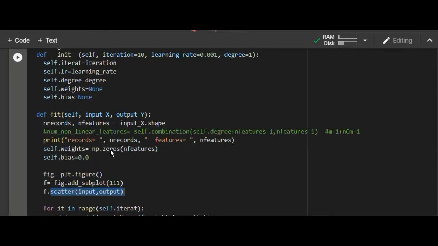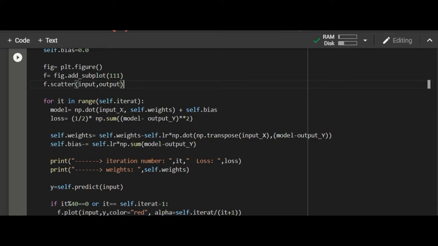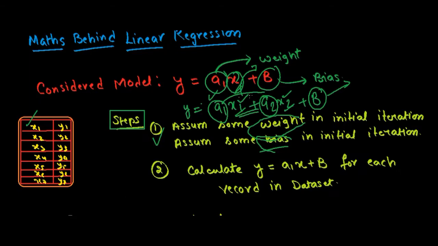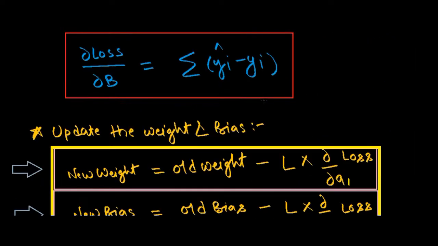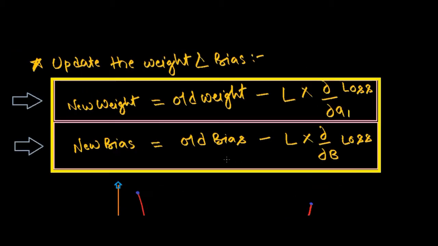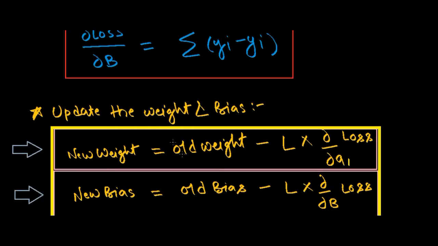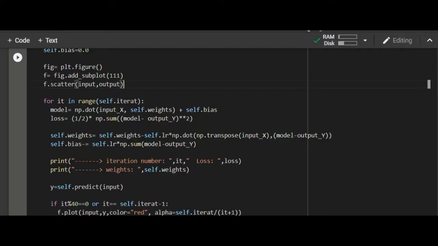Okay, so after that, we'll basically start the iteration. So as I told you in my previous video also, we need to repeat this process again and again until we get the global minima. Until we get the global minima, we will try to reduce again and again, to try to produce new weights and new bias. Okay, so that is why we require the iteration here.